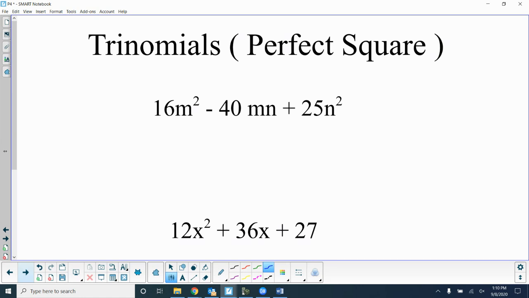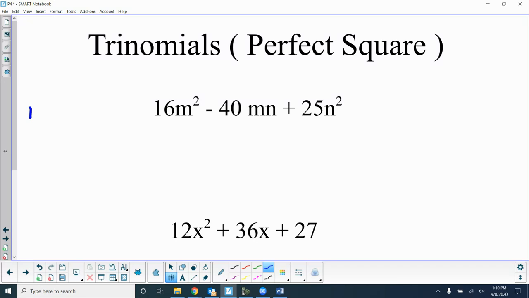Okay? Number 4, this type, you look at the first and the third term and you see if they're positive perfect squares. Are they? 16m squared and 25n squared, and they're both positive? Yeah, it's one of those. Positive perfect squares. So, here's the 1, 2, 3 test I was talking about.